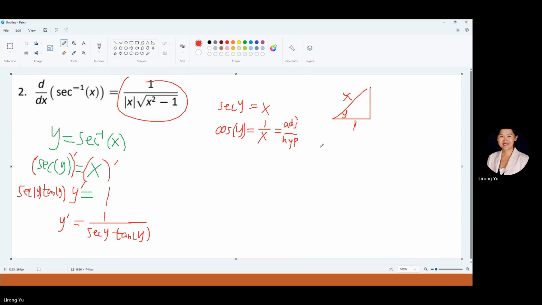So then that means that, so what's up with the absolute value? I can understand the secant here. So it's 1 over, see the secant equal to x, so then this secant is the x.